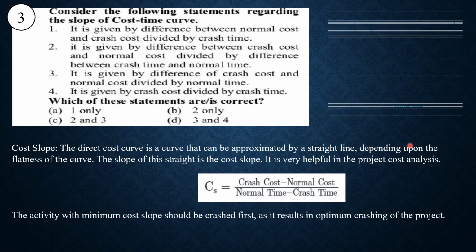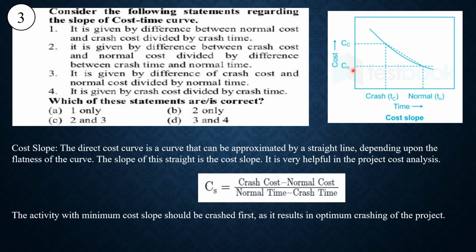Okay, so this is the graph for a cost slope. The x-axis belongs to time, the y-axis belongs to cost, and cost slope is nothing but the slope of this straight line. The formula is given as crash cost, that is Cc, minus normal cost, Cn, divided by normal time minus crash time.